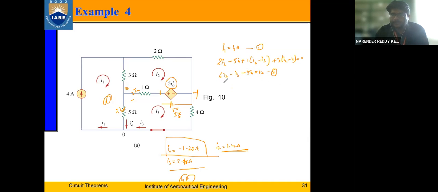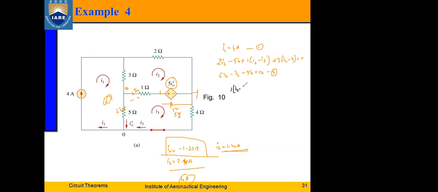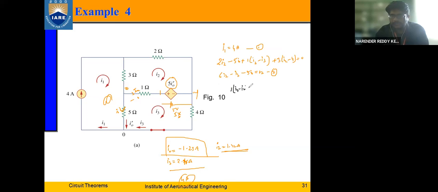Yes, sir. Let us write a similar equation for loop 3 then. So starting from here, what's the equation we can write? 1 into I3 minus I2, so I can write this as plus 5I0, isn't it?